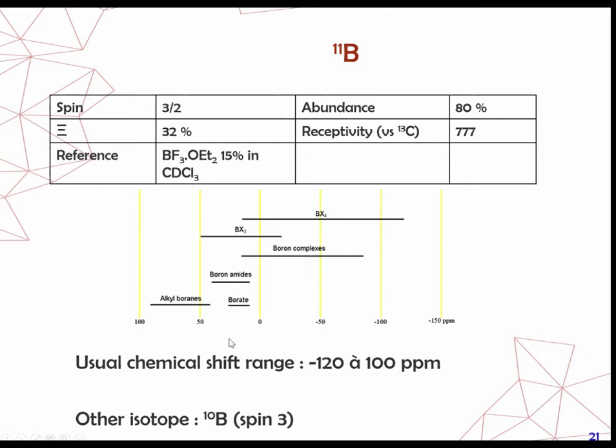And we have another isotope of boron, 10B, which has a spin of 3; 11B is 80% abundant, the other is 20% abundant. Moreover, for boron, if you are working with Pyrex sample tubes, you will get a probe head or tube signal, so it can be a difficult nucleus to observe.